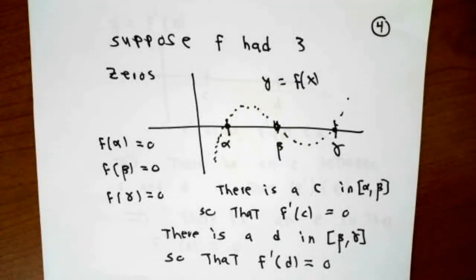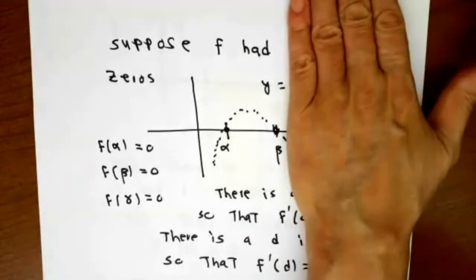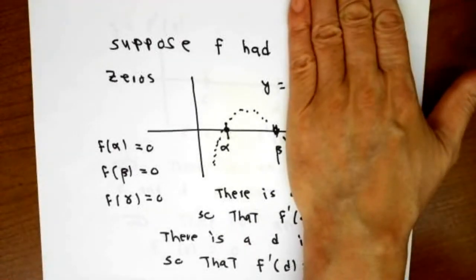Suppose f had 3 zeros. So we're looking at the graph of function f here, and suppose that it was 0 at x equal alpha, x equal beta, and x equal gamma. Looking on the one hand, since function f is 0 at alpha and beta, Rolle's theorem says there must be a place between alpha and beta where the derivative of f is 0.